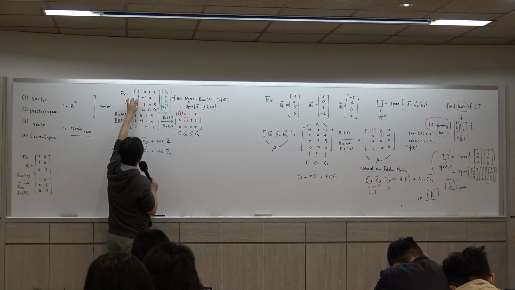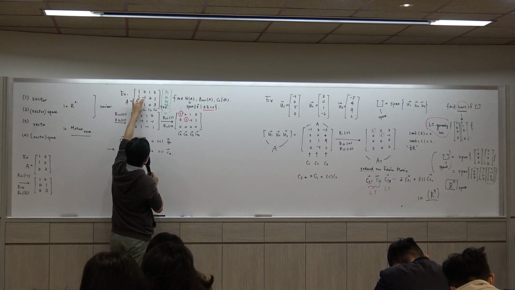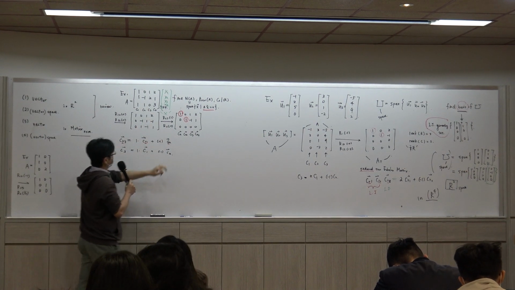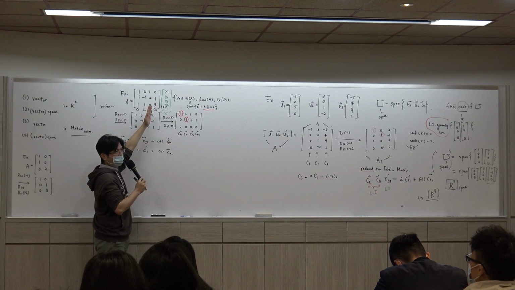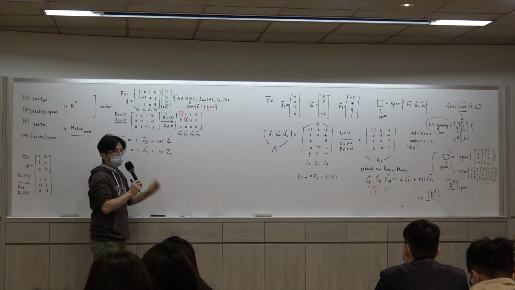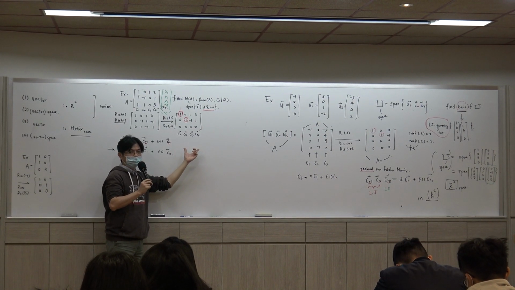So 2 equals 1 plus minus 1 times minus 1, right? So you find that the relationship among the column vectors can be clearly identified based on the reduced echelon.